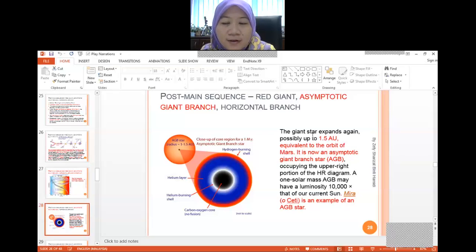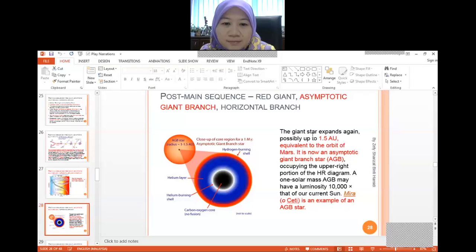This is a very strong brightness. Just imagine the sun would look only white in terms of luminosity, because it is about 10,000 times the luminosity of our sun right now.